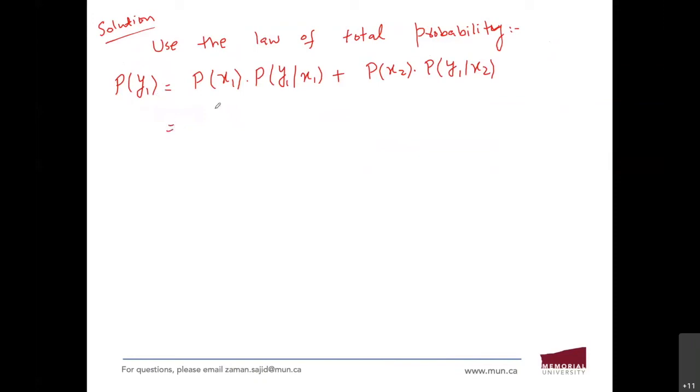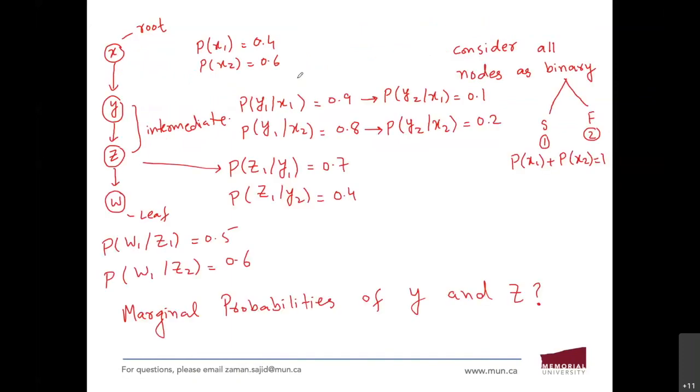Now for this one, I know my value is 0.4 multiplied by P of y1 given that x1. This is the value which is given to me, which is 0.9.